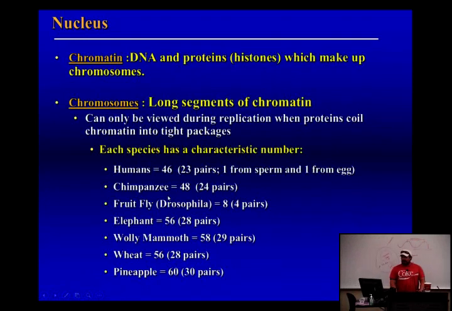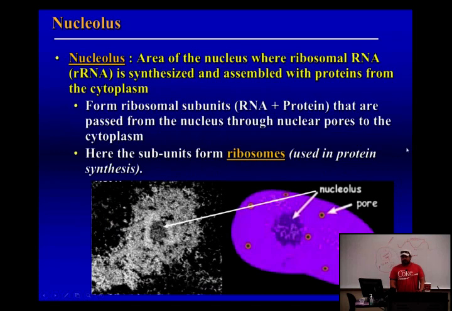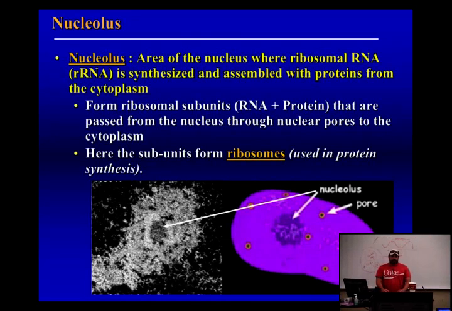We'll talk about that again when we get to chapter 14 in genetics. In humans the dosage is really critical, and if you don't have enough of something, it's almost always fatal.